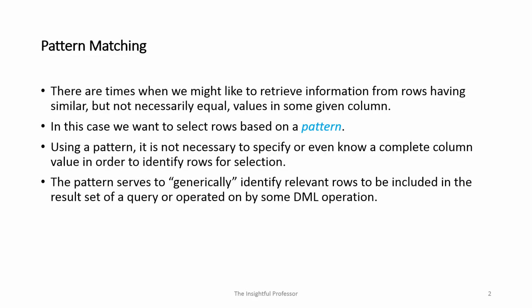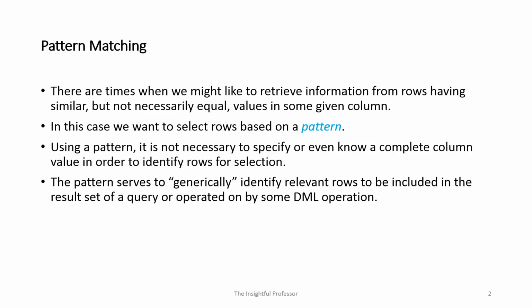Now, the patterns serve to generically identify relevant rows to be included in the result set of a query or operated on by a DML operation. So if we're doing things like update, we might want to select, broadly speaking, a bunch of rows where we give a general characteristic that's used to identify or isolate those rows.